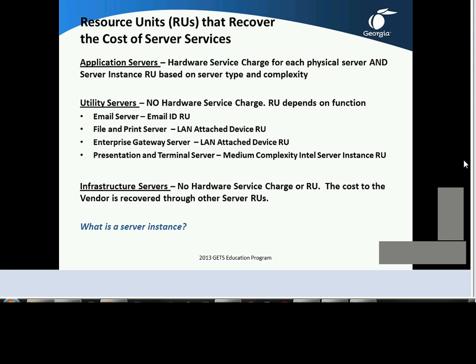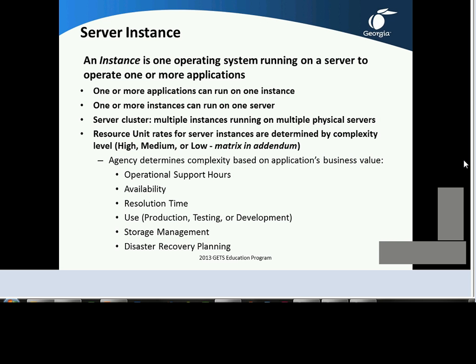So with all this talk of server instance, it might be helpful to really get into what one of those is. So that's what we're going to do. Our working definition for today: a server instance is one operating system running on a server to operate one or more applications. Now, track with me here because it can get a little strange. You can have one or more applications running on one instance.